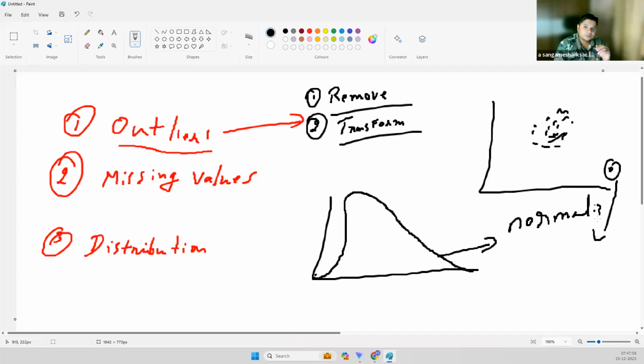So if the data is completely skewed towards your right, or skewed towards your left, you try to change it using the distribution. You change the distribution using normalization.